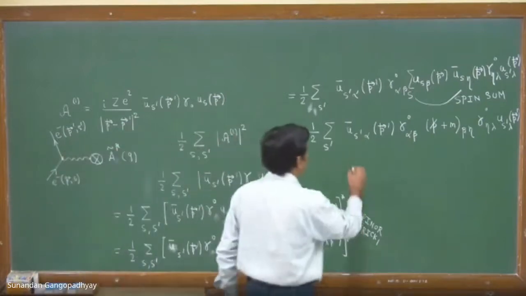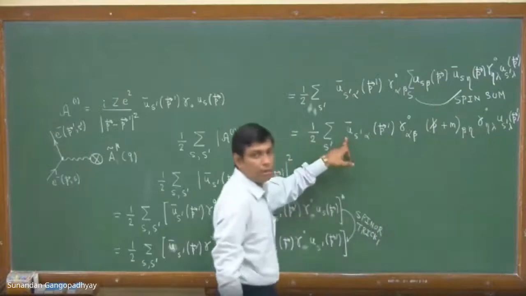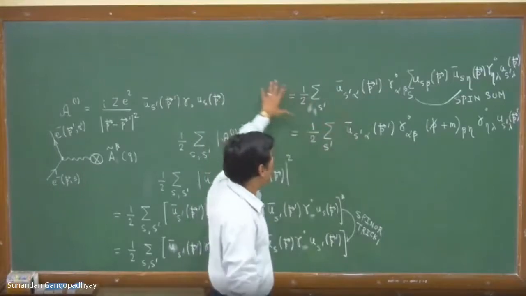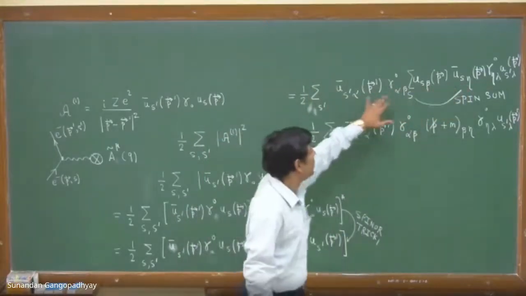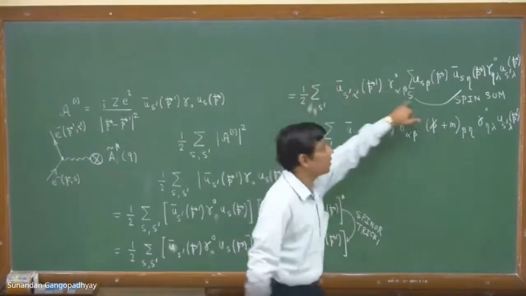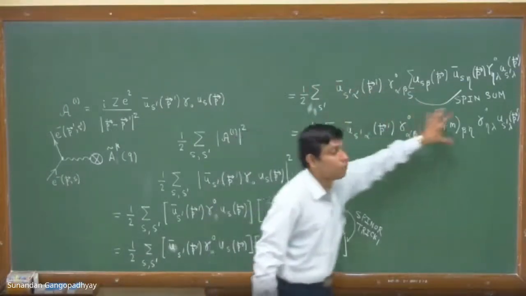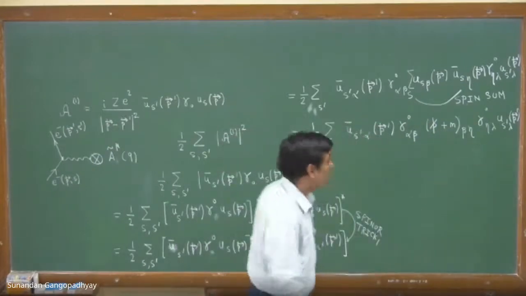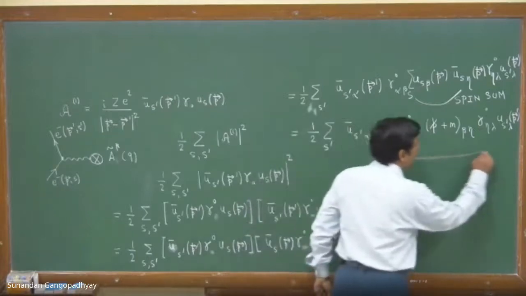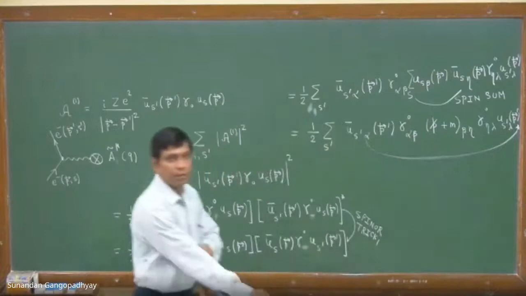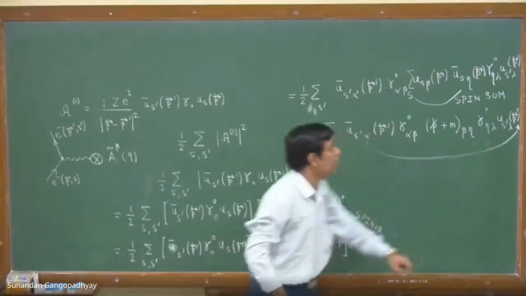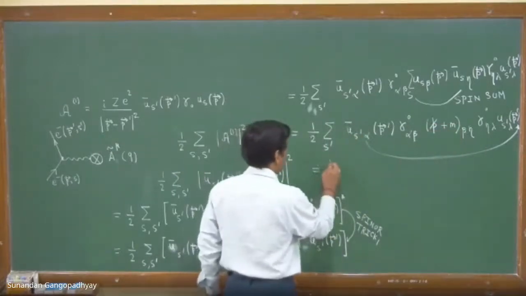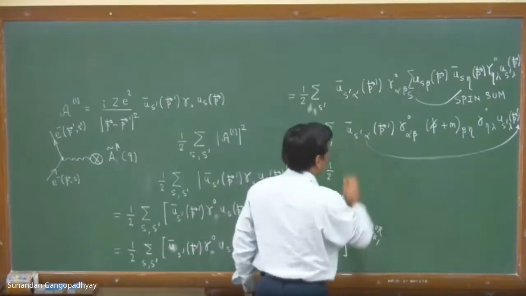Now we can do another thing. Since these are all numbers, because I have taken the components, initially these were column vectors and matrices. But now see the advantage of writing this in this notation, by writing the indices explicitly, each of these are components of matrices, and therefore these are basically numbers. So you can put them anywhere you like. So what I shall do is take this factor and put it here. If you put it over here, you can again apply the spin sum trick. Now you sum over S prime. So now you see all the summations are gone.